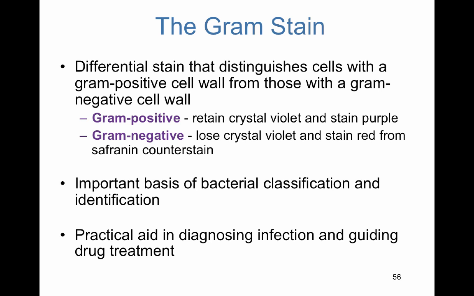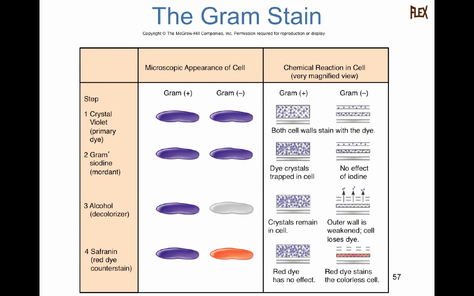So I would like all of you to remember the unique steps of this staining protocol. There are 4 unique steps. Again, if we have 2 types of cells, gram-positive and gram-negative, and we're going to process them exactly the same way, it's differential, meaning in the end, you'll be able to differentiate or distinguish between the pink gram-negative and the purple gram-positive.